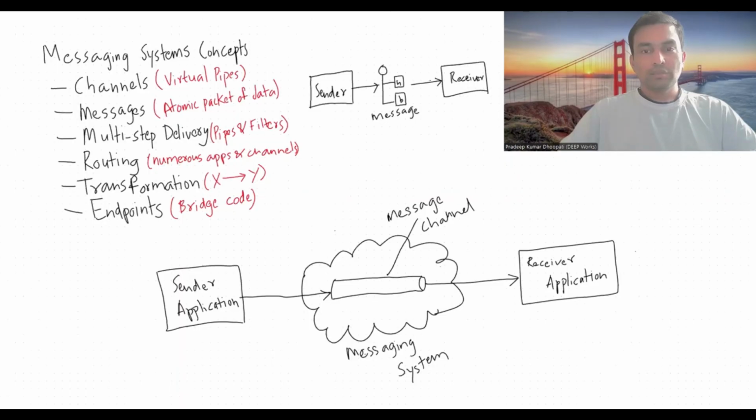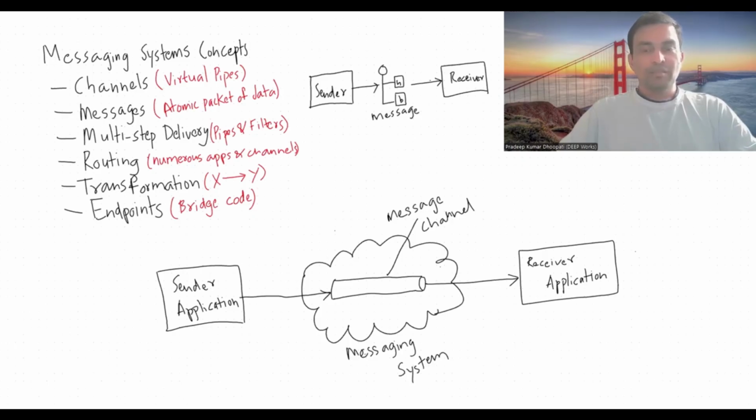In this session, we will try to uncover messaging systems concepts. In the enterprise integration styles, we have discussed various options of connecting applications with one another, which includes messaging. Messaging makes the applications loosely coupled by communicating asynchronously, and it also makes the communication more reliable because the two applications do not need to be running at the same time.